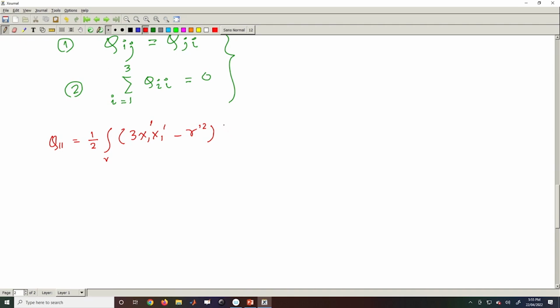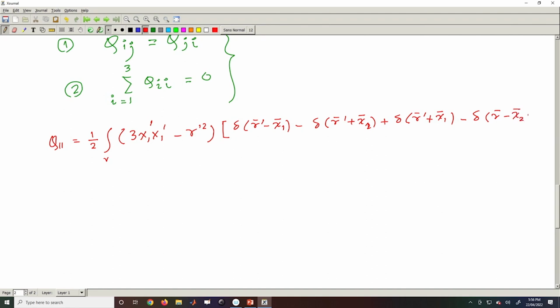If I write it, it should be delta of r prime minus chi 1 vector, then minus delta of r prime plus chi 2, and then plus delta of r prime plus chi 1, and minus delta of r prime minus chi 2.